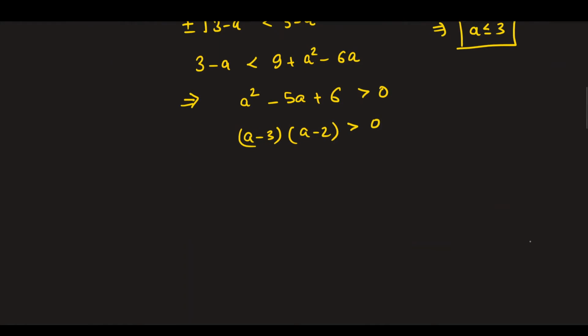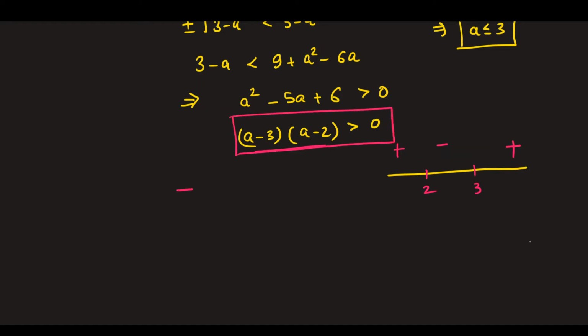Now if we draw the axis line and mark the points 2 and 3 on it, if a is greater than 3, this is plus. If a is less than 2, this is also plus, but in between 2 and 3 it is negative. So this condition implies that either a is less than 2 or a is greater than 3.